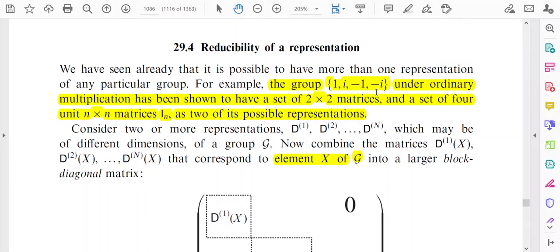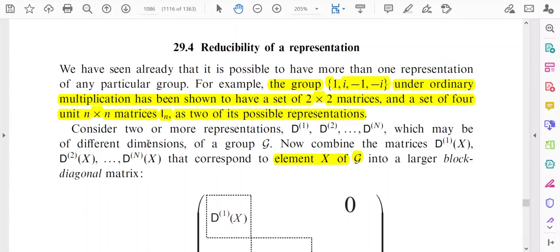4 elements under ordinary multiplication, it has been shown to have a set of 2 by 2 matrices and a set of 4 unit matrices I_n as two of its possible representations. These two representations we have already discussed in our earlier lecture.